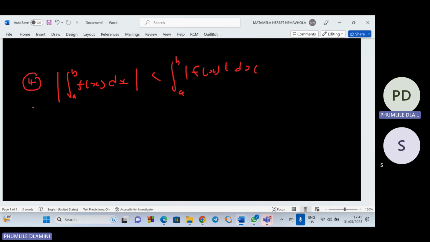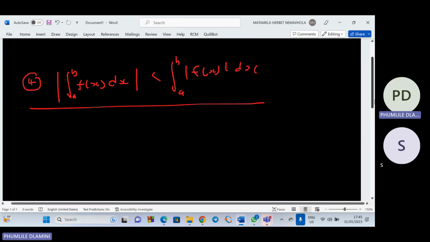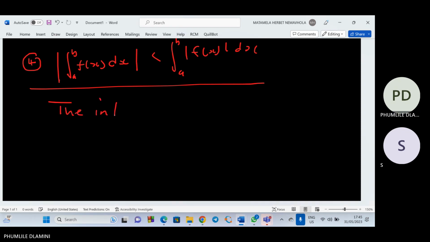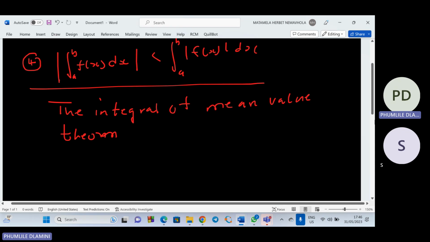Then there is also one more thing that you have done before, the mean value theorem, the integral mean value theorem.